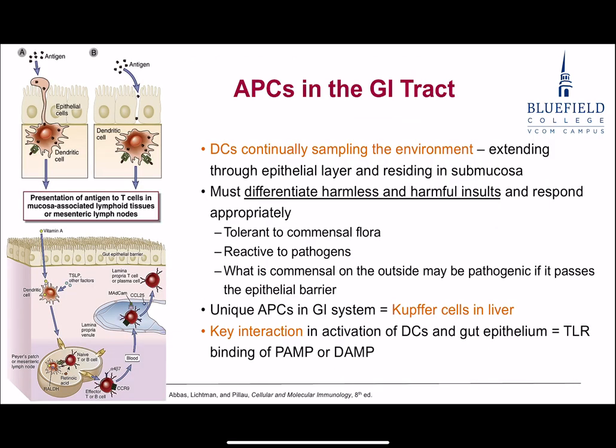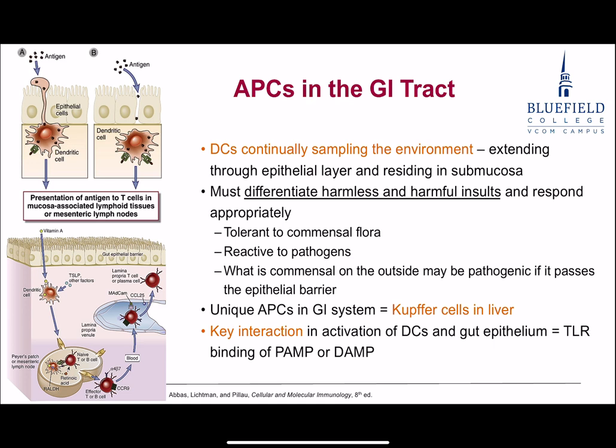All right, so lots of antigen presenting cells in all of these barrier surfaces. And we've got some specialized names for some of the dendritic cells at these surfaces. The liver is part of the GI tract, and in the liver, those specialized dendritic cells and macrophages are called Kupffer cells. In the GI tract, we don't have a special name for them, but as far as the intestinal part, and that's what most of our conversation is going to be on.